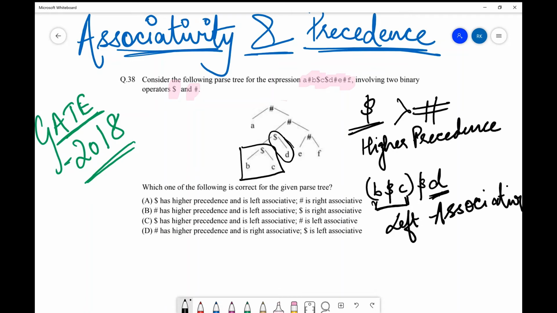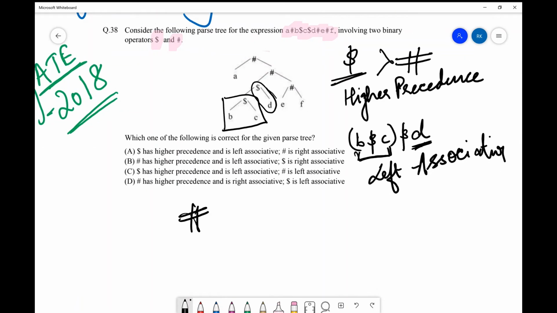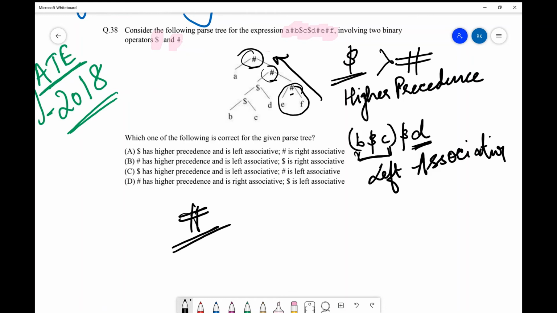Now let's check for the hash. Hash clearly has lower precedence than dollar. That is done. We need to check its associativity now. You can see there are three hash operators over here, and let's see in which order they are being solved. First this particular expression will be solved, right? Then this one, then this one. So clearly you are moving from the right hand side to the left hand side.